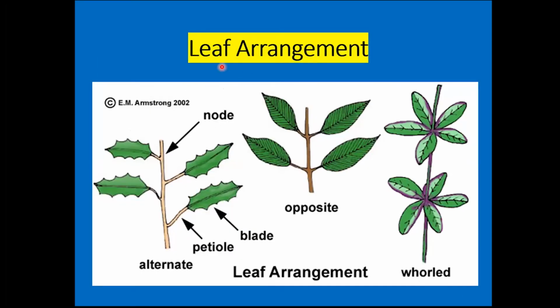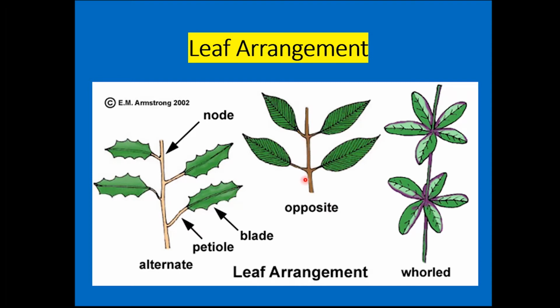Now, leaf arrangement. If they're staggered, like one here and then it goes up on here and goes up over here, this is called alternate because it's alternating. Here's where it's opposite. The leaves are opposite. There's the main point, they call it the node, and that's where it goes up to another node.